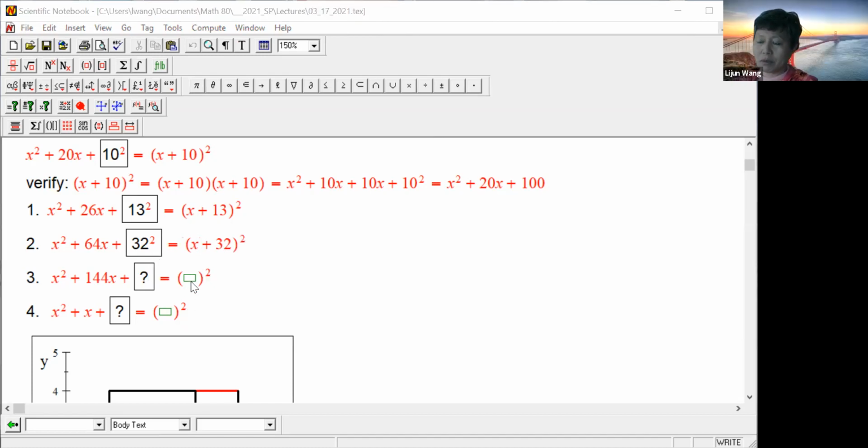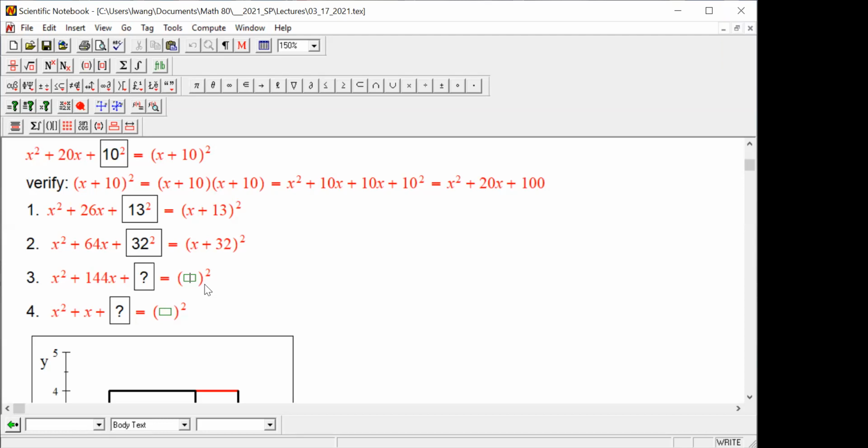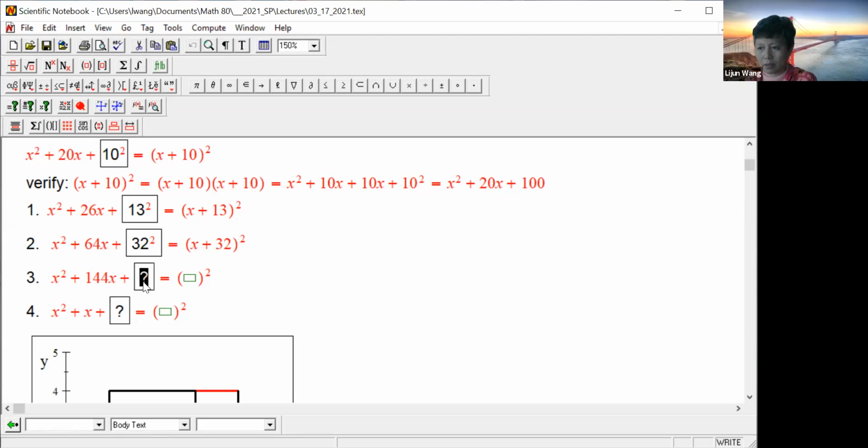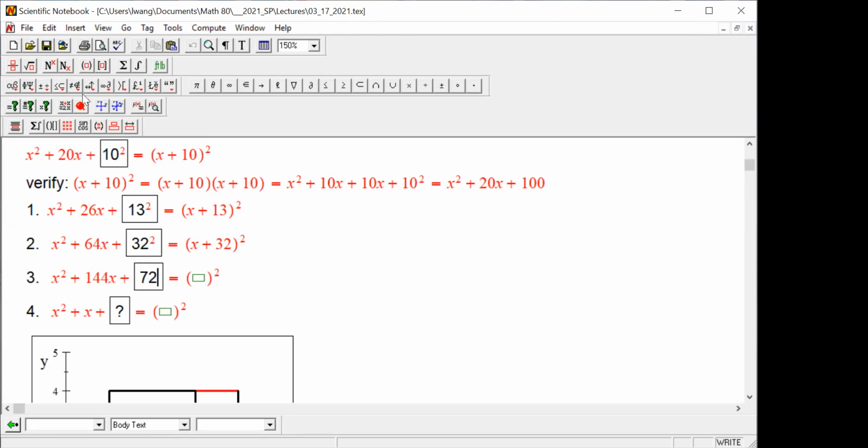Let's look at number 3. 144. What is half of 144? 72. So what number should be in the blank? 72 squared. Perfect.